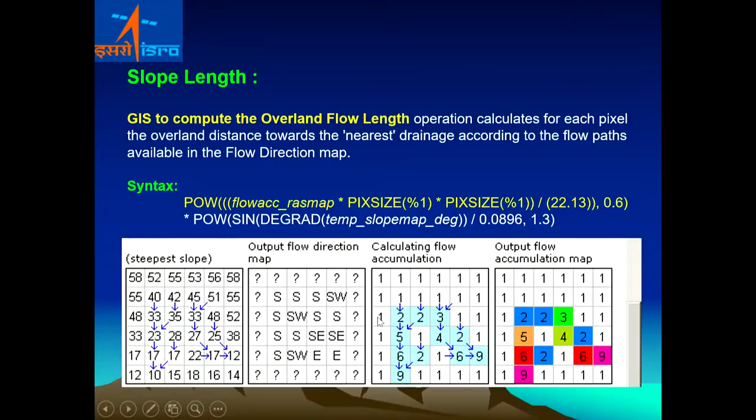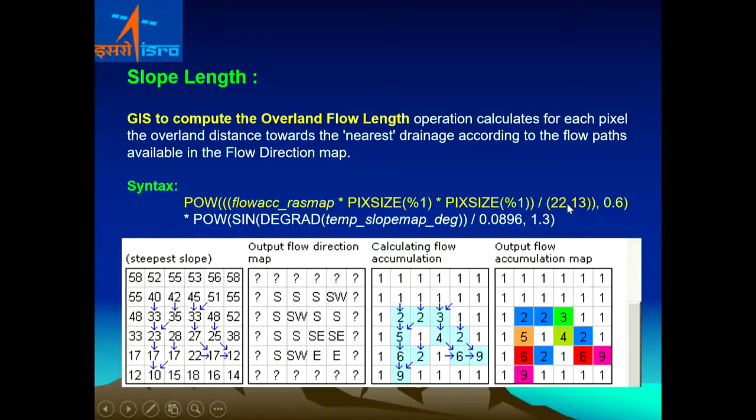So how we do that is we create the flow direction map from the DEM, then calculate the flow accumulation map using these two. In this flow accumulation map, the digital number you multiply with the pixel size, and then divide by 22.13, which is the plot size that Wischmeier and Smith defined.